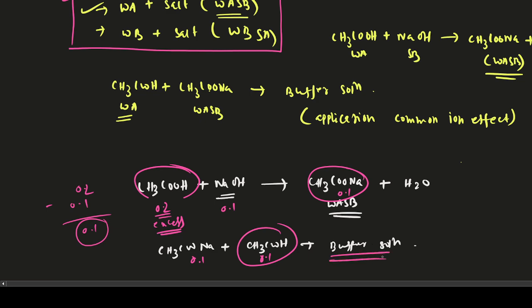So then we will prepare the buffer solutions. Standardly they want to say, give this one and they like to prepare. So ultimately you are getting these conditions: this is weak acid, strong base, this is weak acid. So ultimately if you get this condition, then buffer solution will be prepared.